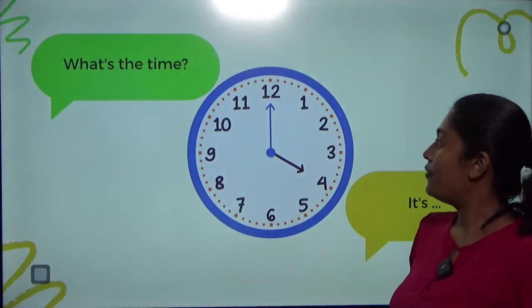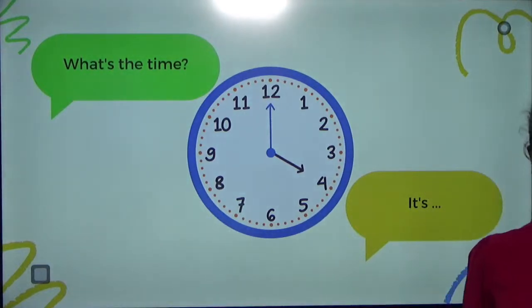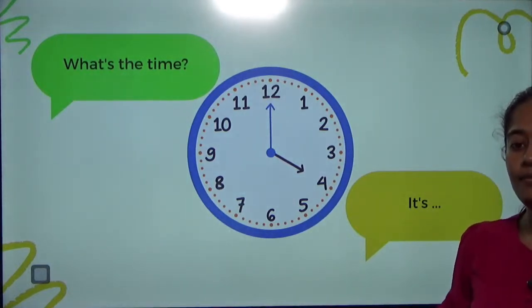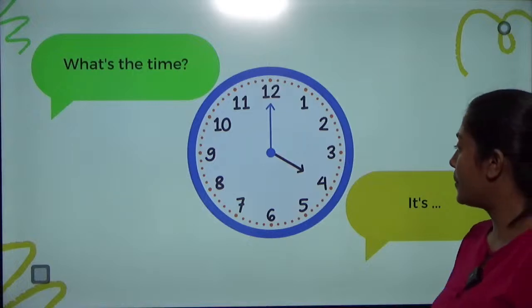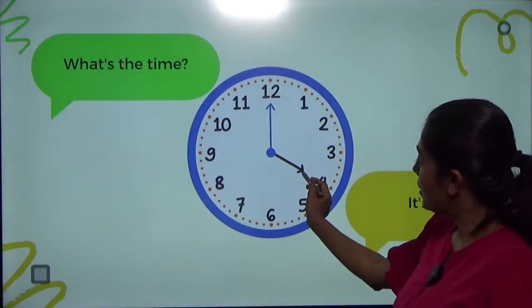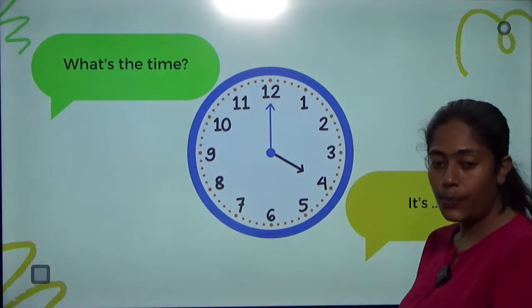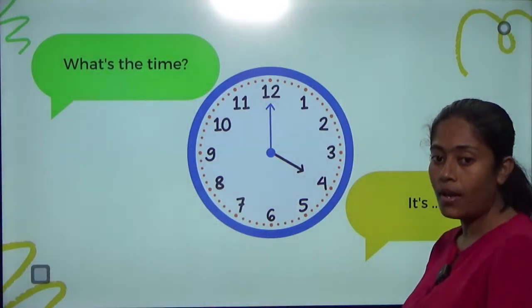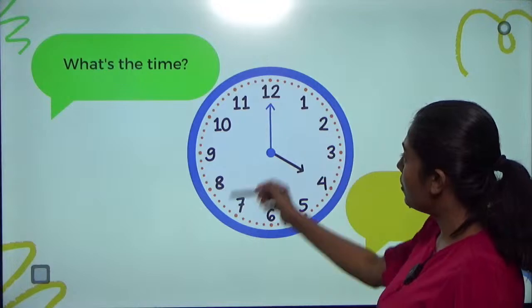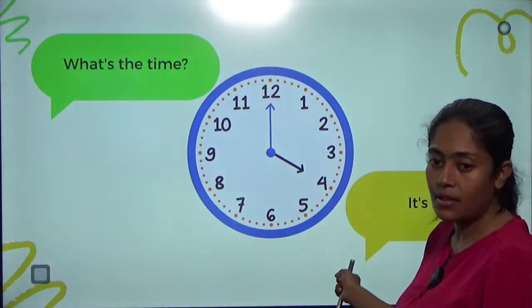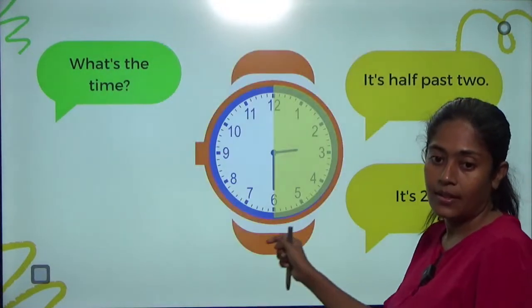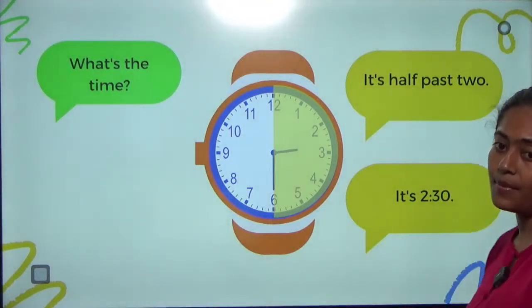Now, what's the time now? 4 o'clock. That means now here this is the hour hand. It pointed to 4 and the minute hand pointed to 12. Then the time is 4 o'clock. Here, what's the time now?